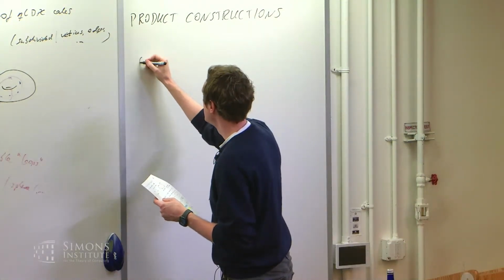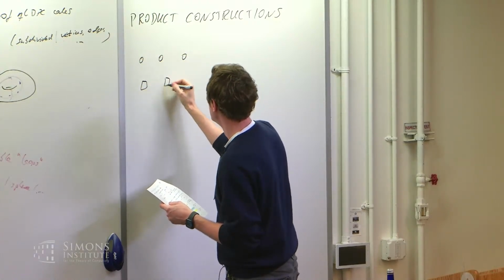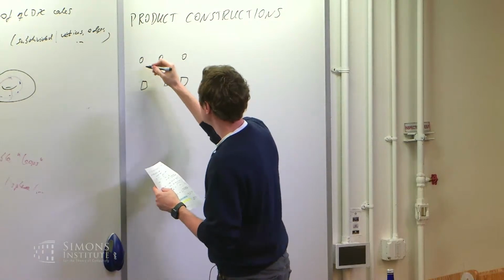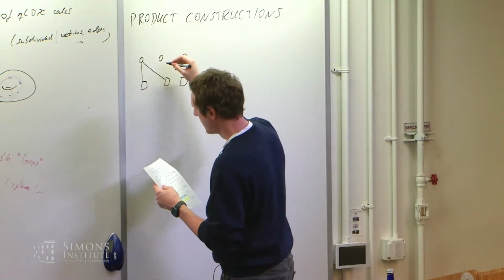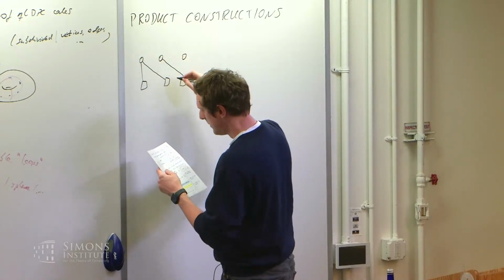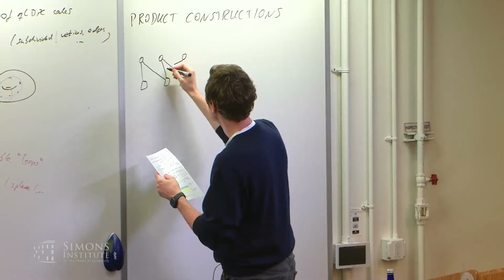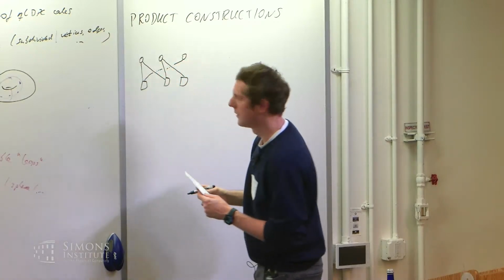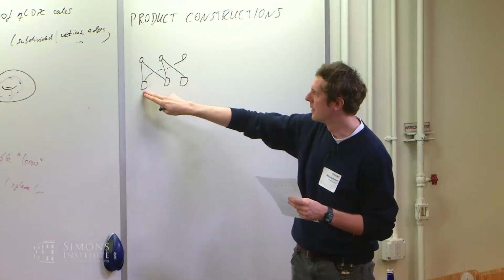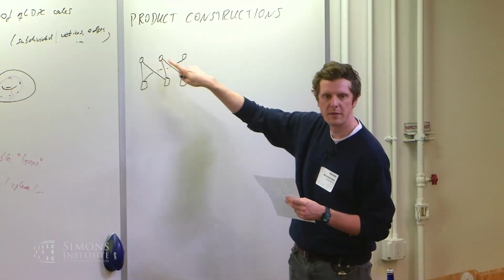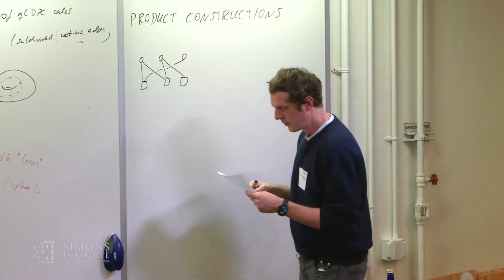What does the Tanner graph of a repetition code look like? I can draw it out exactly. I have pairwise checks acting on my bits. So this is a 3-1-3 repetition code, where these are my parity checks acting on my bits, and the only codewords I can have are 000 or 111.